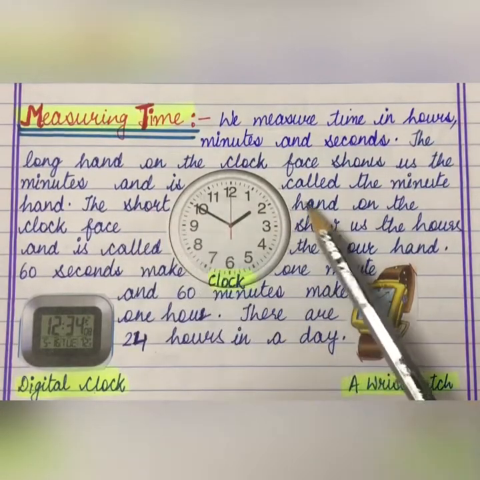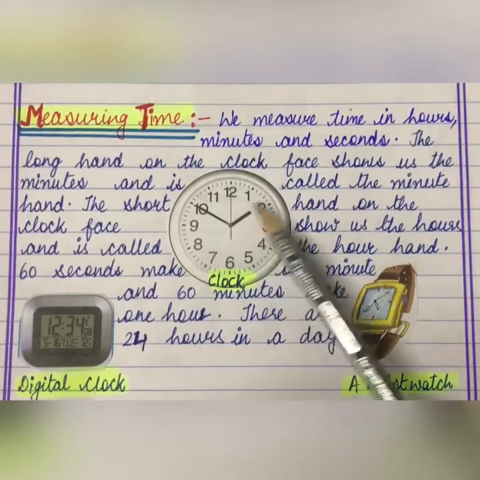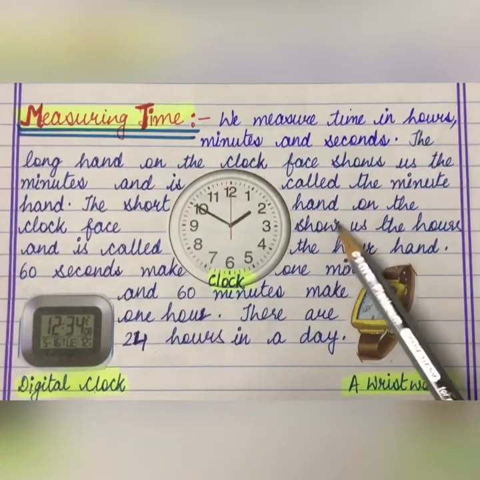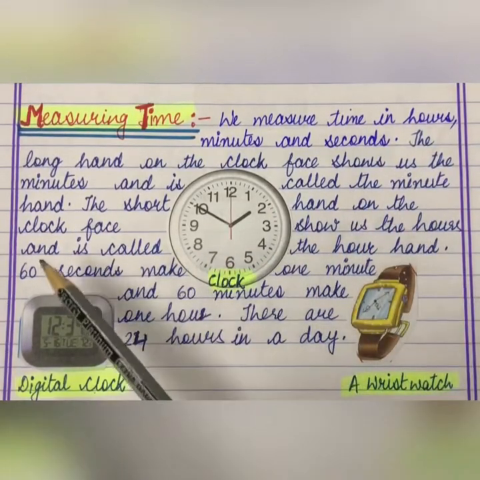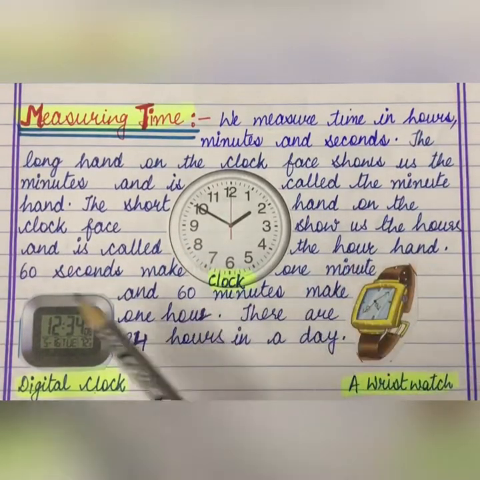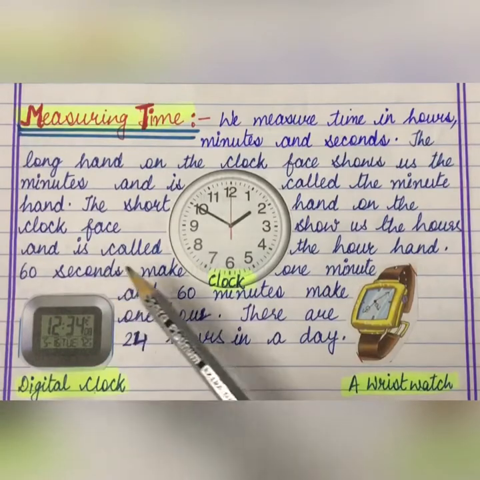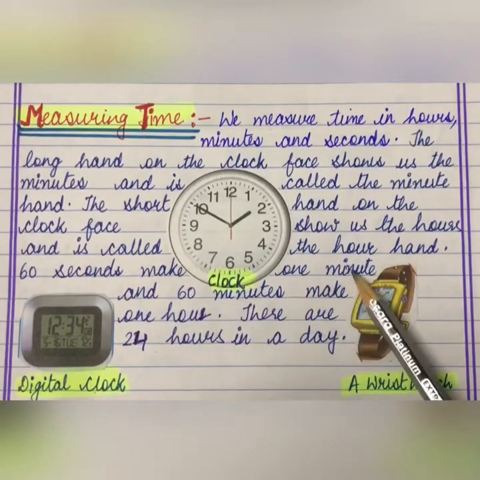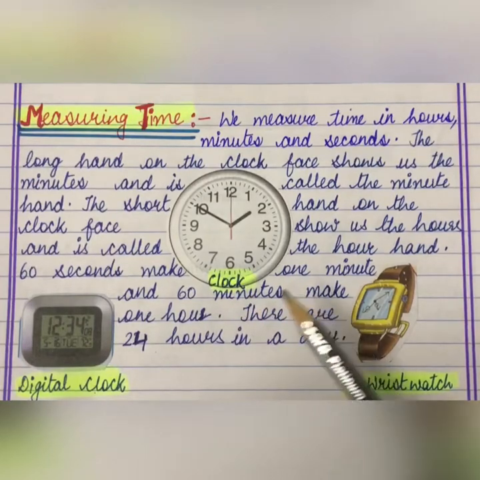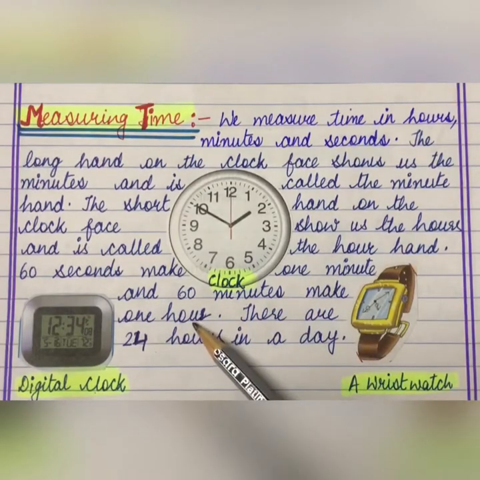The short hand on the clock face shows us the hours and is called the hour hand. 60 seconds make 1 minute and 60 minutes make 1 hour.